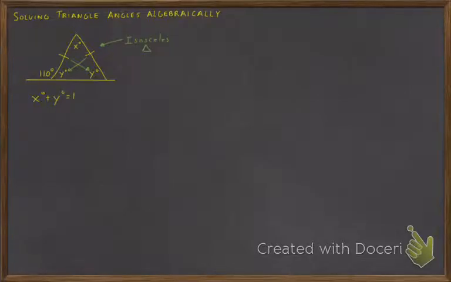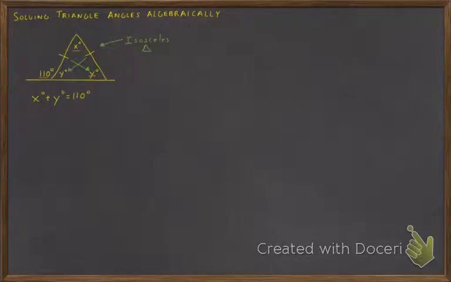Where do I get that from? Well, that theorem says that the two angles that do not form a linear pair with that exterior angle, I'll underline them, those two angles added up, the sum of those two angles equals the exterior angle, which is here. That's where we got that equation.